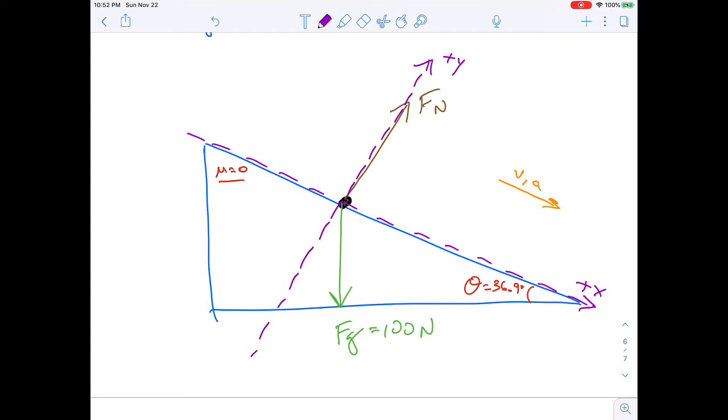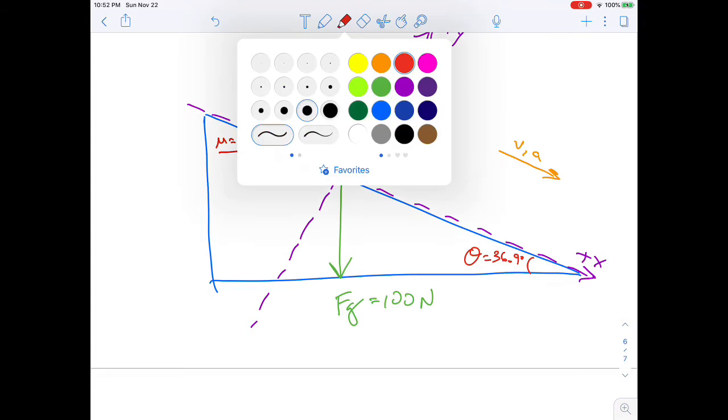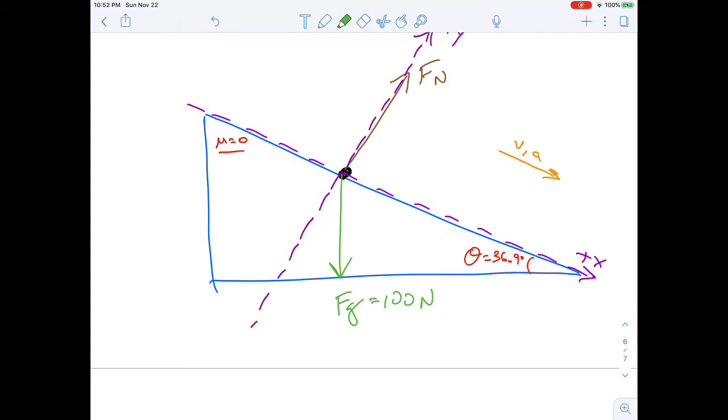And that's going to put the normal force right along the y-axis, which is awesome. But it puts the gravitational force in the fourth quadrant. That means I have to break that up into components.